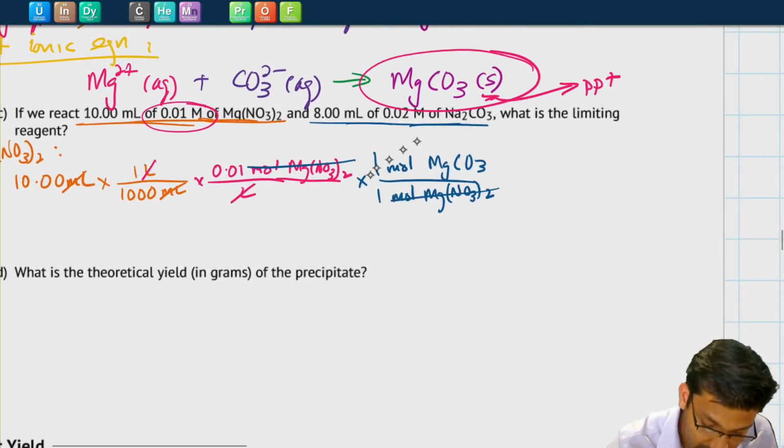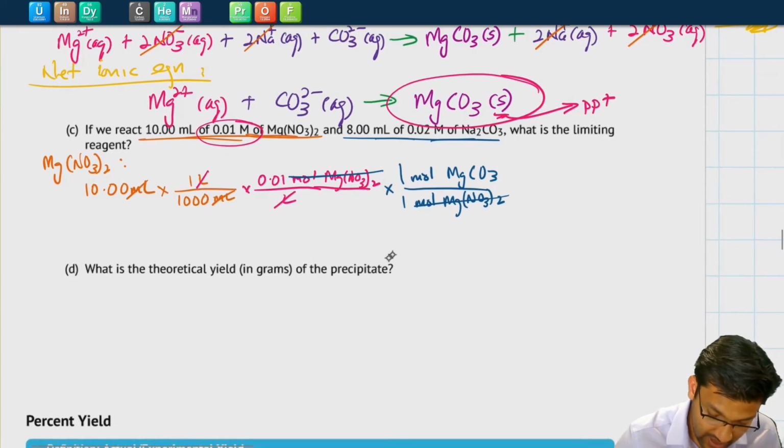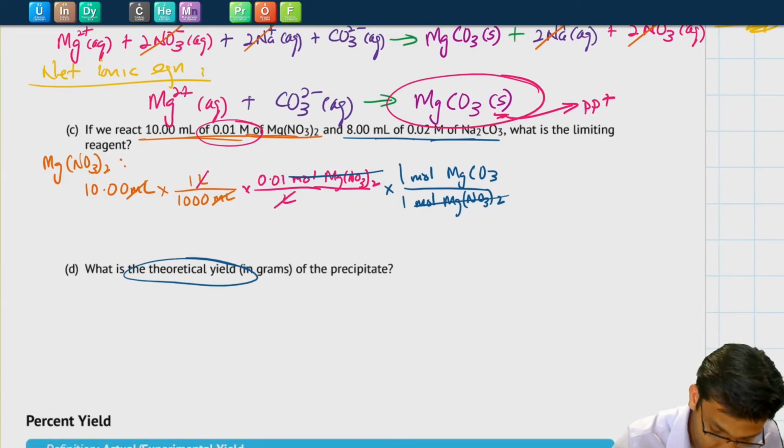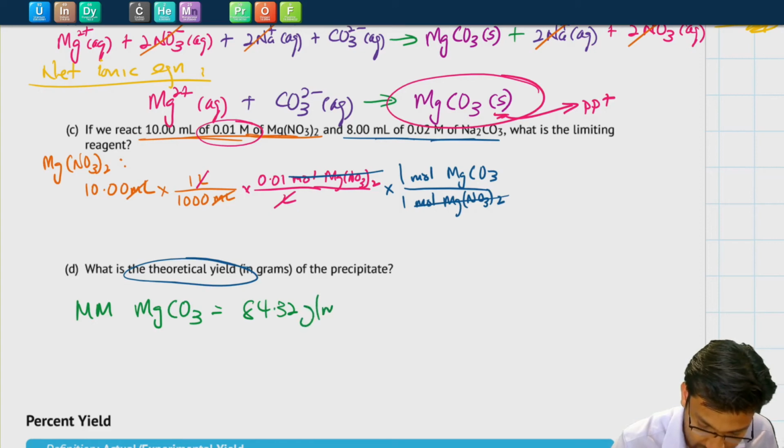Now that we know the moles of magnesium carbonate, we can convert to the mass, because that's going to be our theoretical yield for the next part of the question. So let's do that. The molar mass of magnesium carbonate is 84.32 grams per mole. I'm not showing the work here.